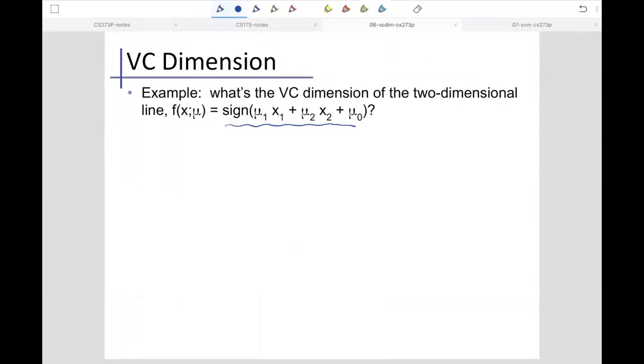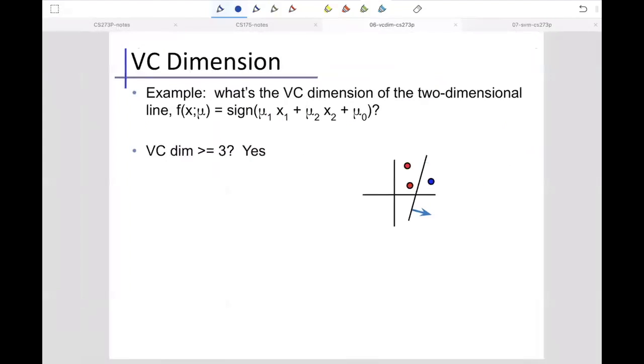And so for that reason, we know that the VC dimension is at least 2. We don't know the value yet, but for now, I know that it is at least 2. The next number I'm going to verify is whether this classifier can shatter 3 points. If we can shatter 3 data points, then I can conclude that the VC dimension is at least 3. So let's verify that.